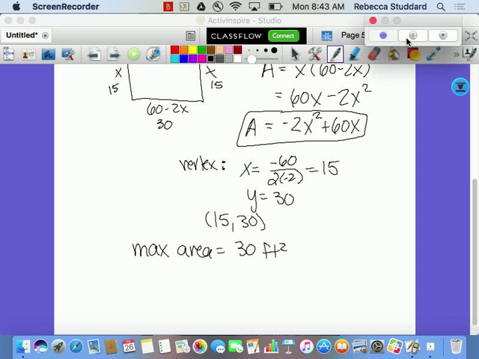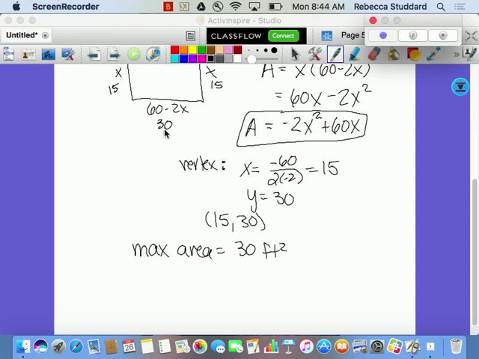Hey, video people, I overlooked something. So our dimensions are 15 by 30. Those are the dimensions that give the max area. But to find the area, we have to multiply length times width.